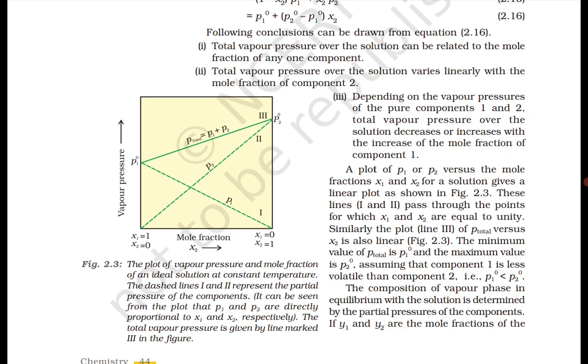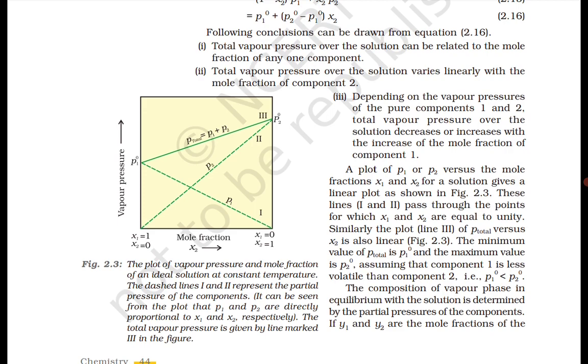These lines 1 and 2 pass through the points for which x1 and x2 are equal to unity. Similarly, the plot line 3 of P total versus x2 is also linear.